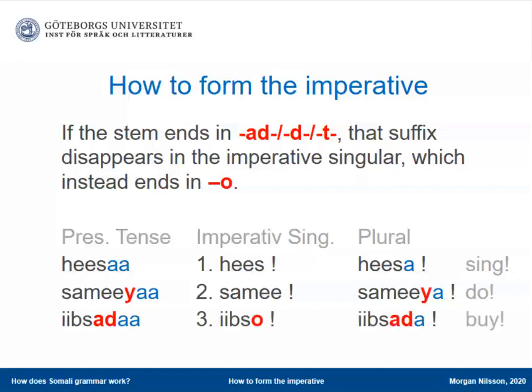So, for example, the verb buy, where the present tense has this suffix ad, ipsada, and this ad is replaced in the imperative singular by an o. So we get ipso.